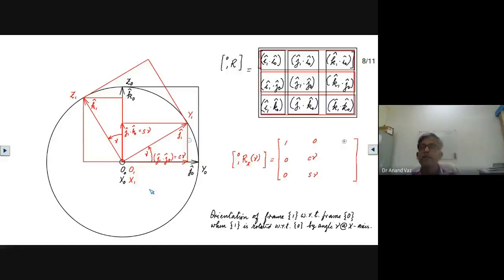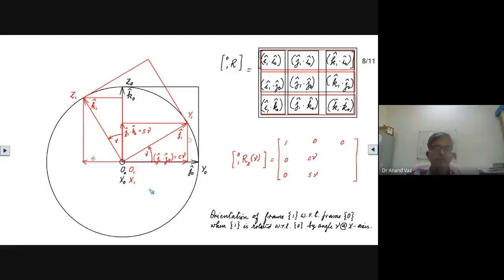Here, K1 dot I naught. I naught is coming out of the board. K1 is in the plane. So here this will be 0. K1 dot J naught. K1 is here, dot J naught. J naught is along this horizontal. So naturally this is the component pointing in the reverse direction.